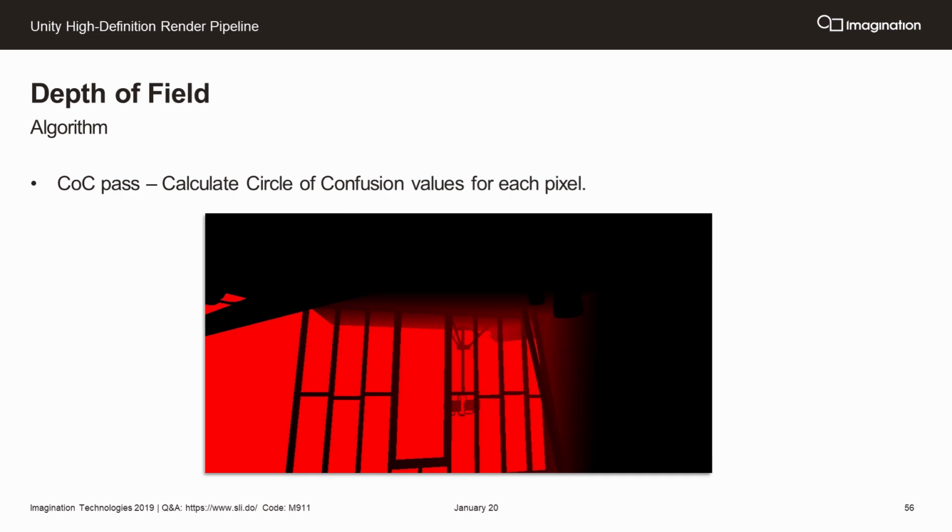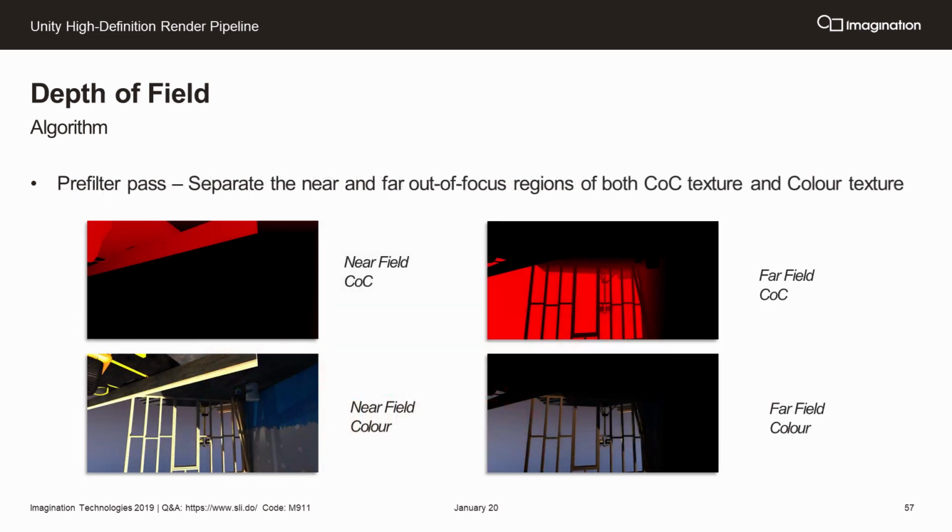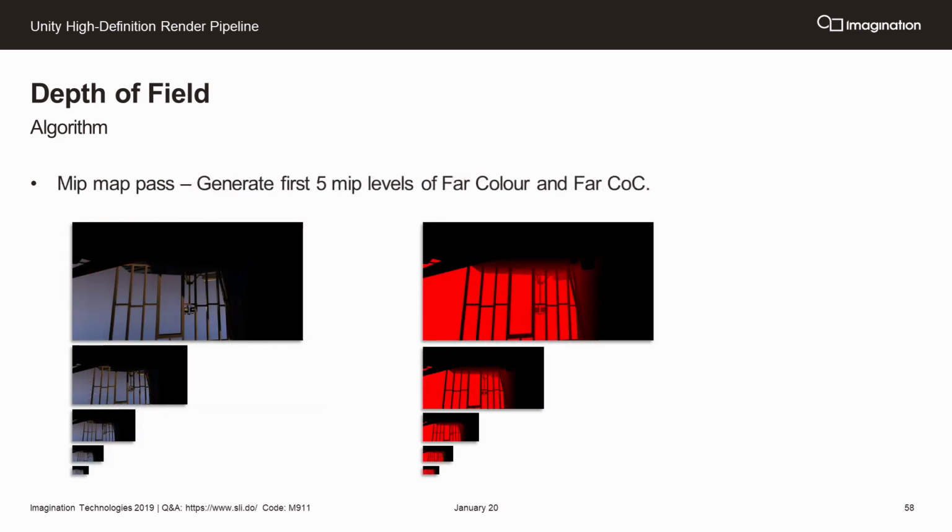So it starts off with a COC pass, which writes out the circle of confusion value for each pixel. Next, the near and far regions of the COC and color textures are separated. Next, the first 5 MIP levels of the far color and the far COC textures are generated.